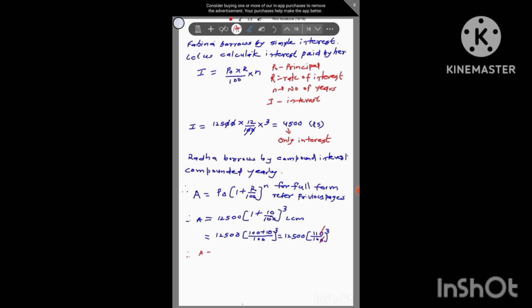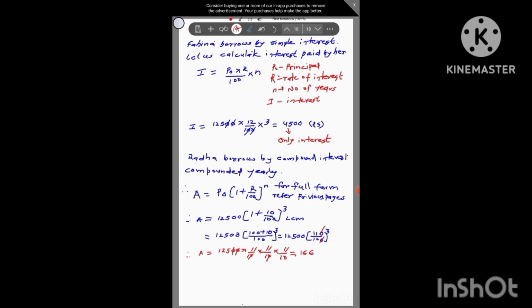And we'll write another step. A equal to, okay, very simple. Now again some zeros will get cancelled. This is cancelled, this is cancelling, and the final amount.